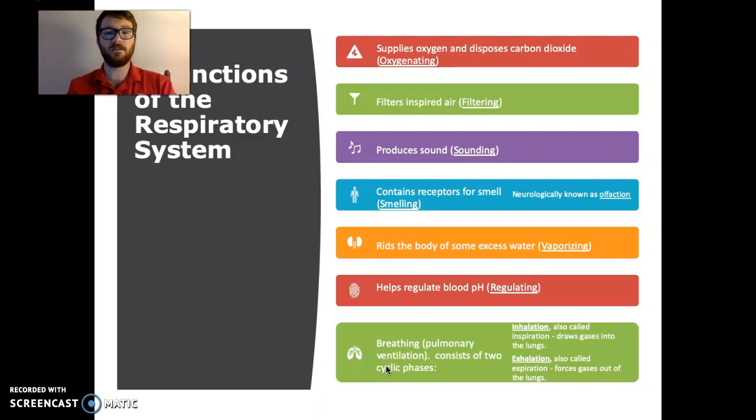It rids the body of excess water, vaporizing. If you go out on a very chilly day, now we don't have too many of these in Florida, but you can see your breath, right? You see the vapor leaving your body, and that's good. It also moisturizes parts of your throat, mouth.